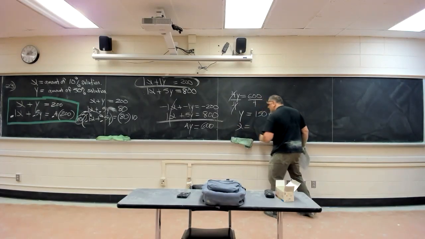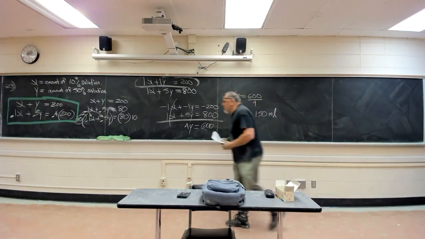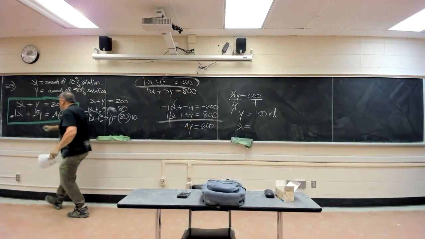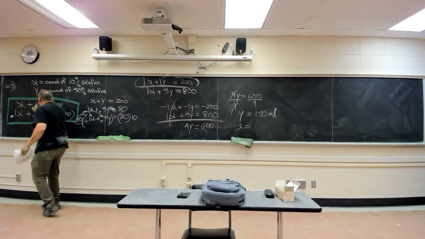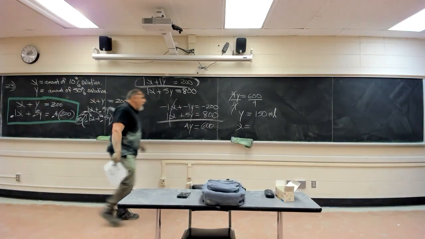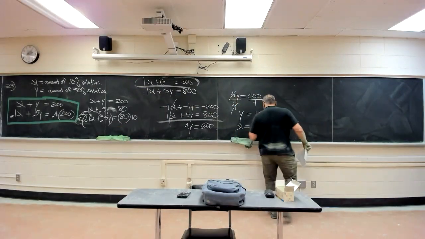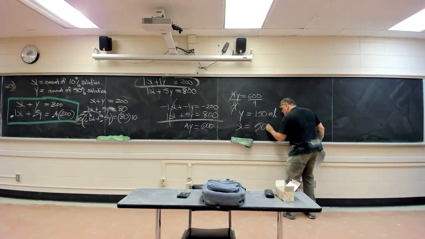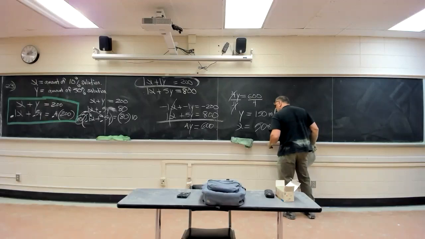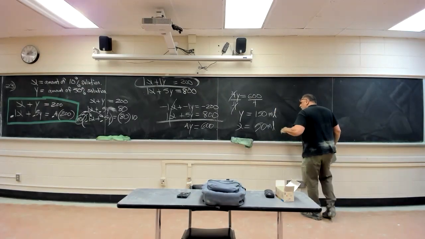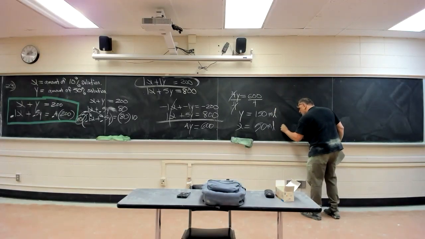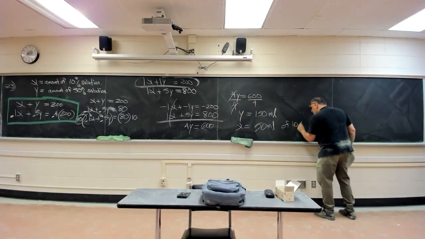What does x have to be? Well, x and y, when you add them together, x plus y gives you 200. If y is 150, do the algebra, you get this. X is 50 milliliters of the 10%.